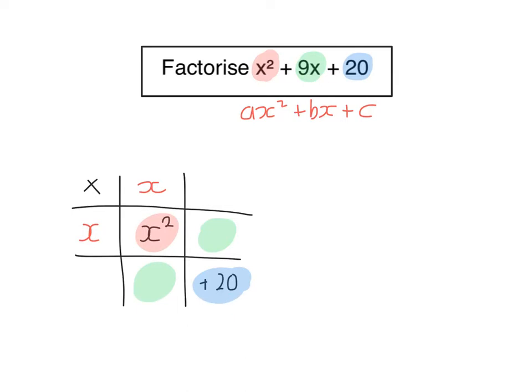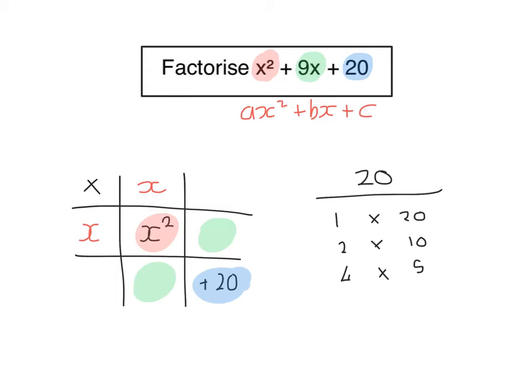Okay, well let's just list my factor pairs of 20. So I've got 1 times 20, 2 times 10, 4 times 5. Now what I know is that these numbers, these green ones, whatever they end up being, they must add together to give 9. Which of these factor pairs adds together to give 9?